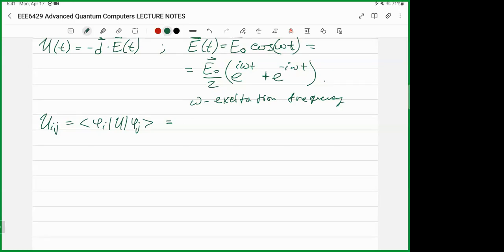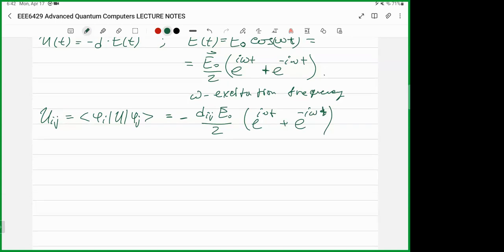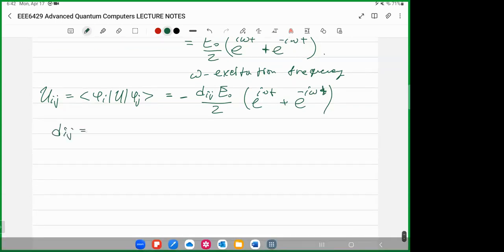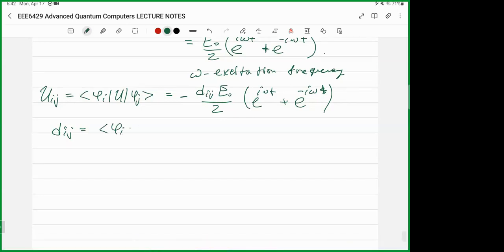So I'll get this matrix element d_ij E0 over 2, then e to the power of i omega t plus e to the power of minus i omega t. And d_ij is phi i, d, phi j.